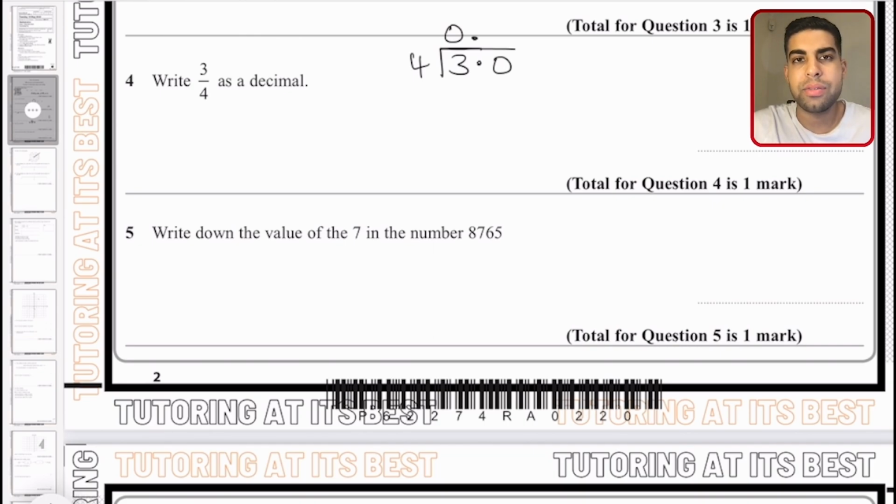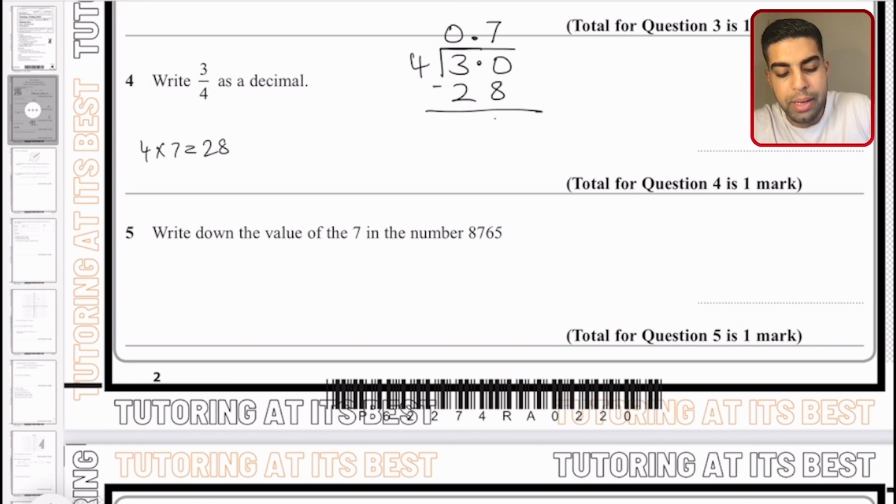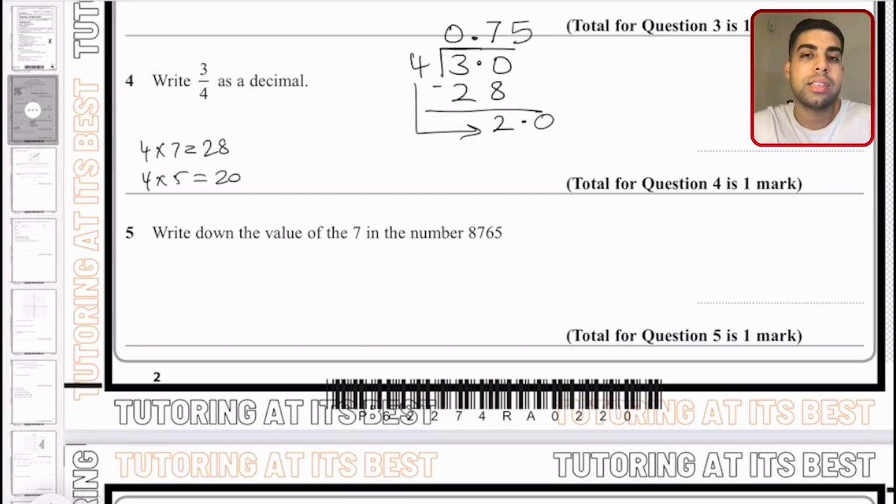So how many times does 4 go into 30? Well, we know 4 times 7 is 28. So we'll put 7 at the top, 28 at the bottom, and we'll get our remainder, which is now 2. Then we'll try to see if 4 goes into 2, but we know it doesn't. So let's make 2 into 20. And we know that 4 times 5 is 20 with no remainder. So our answer is 0.75.